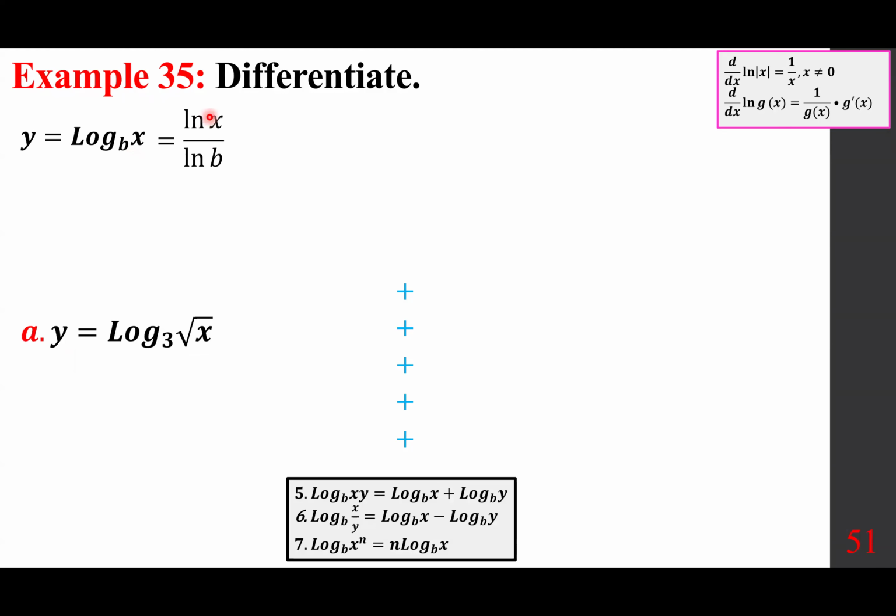Bear in mind, you're dividing ln x by a number. That number happened to be ln b. So we are going to rewrite this as 1 over ln b times ln x. Bear in mind, what is 1 over ln b? Some number, a coefficient of ln x, 2, 5, 1.8, some number. So if I want to differentiate this, this remains as a coefficient, and this becomes 1 over x. So y prime is 1 over x ln b.